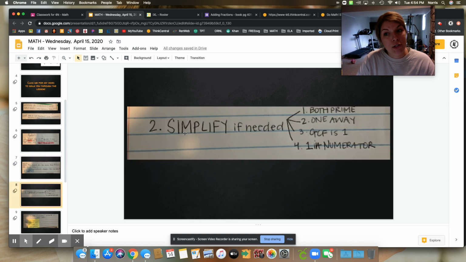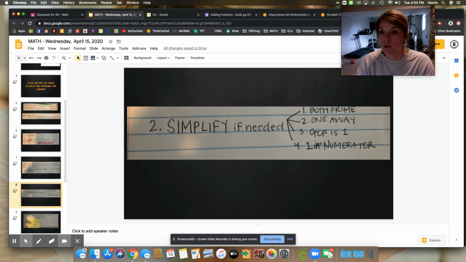Number two, this is the tricky part that you're going to have to pay attention to. If your answer has to be simplified, you have to do that. You've learned this skill, and the minute you learned it, I told you you're going to have to use it for the rest of your life, okay? So you're going to simplify if needed. I reminded you of our shortcuts to know if it's already in simplest form. It is in simplest form if both numbers are prime.